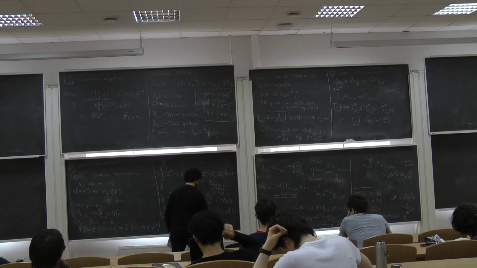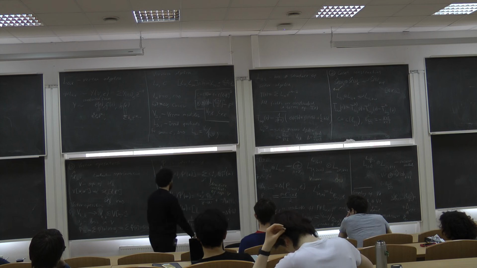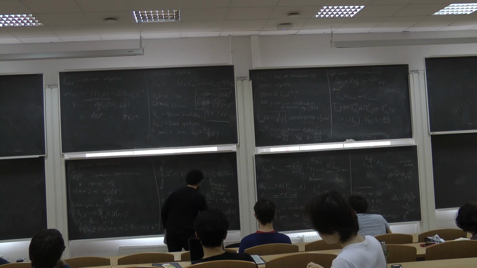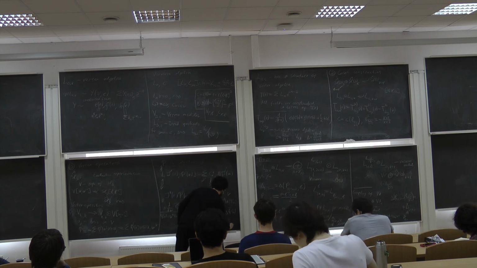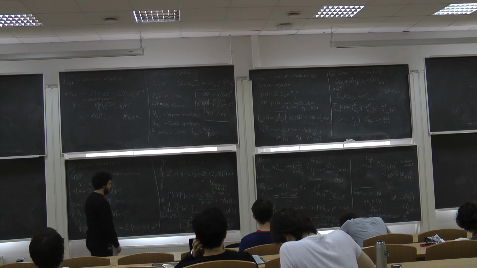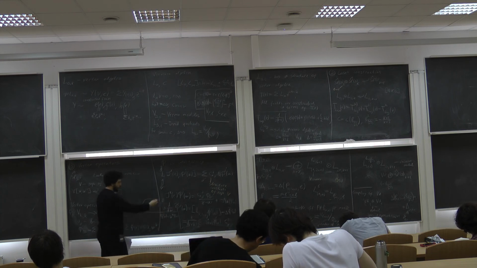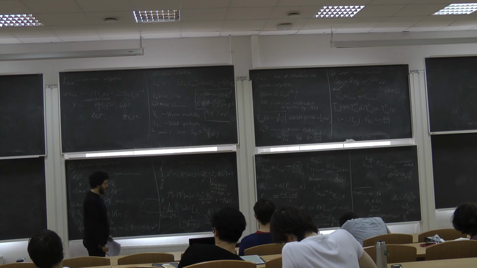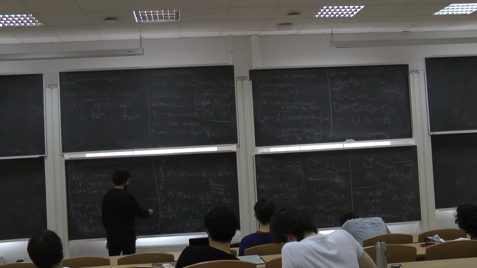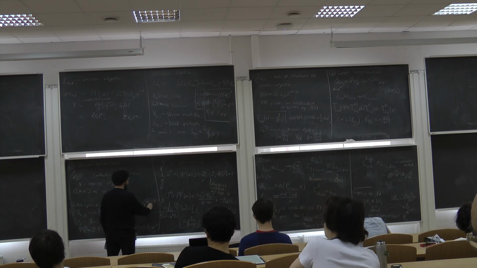Here should be G prime, A G. These equations, or some close cousin of the equation, could be called an operator Knizhnik-Zamolodchikov equation.